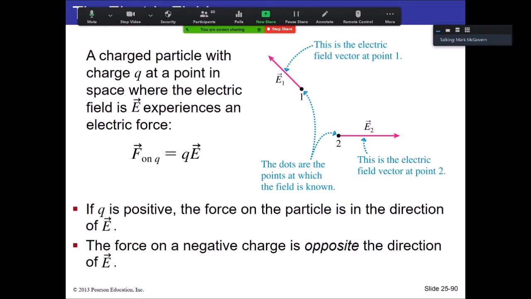But again, this Q can be positive or negative, and the purpose of any negative sign, or positive sign for that matter, is to indicate the direction. So if you have an electron, the force is going to be opposite the electric field. If you have a proton, the force is along the direction of the electric field. Same deal, just saying it in a lot of different ways.